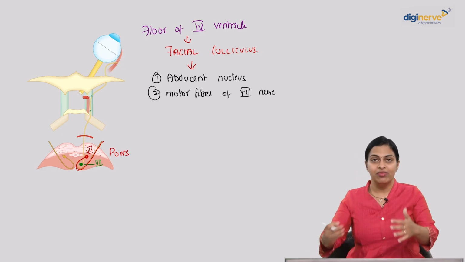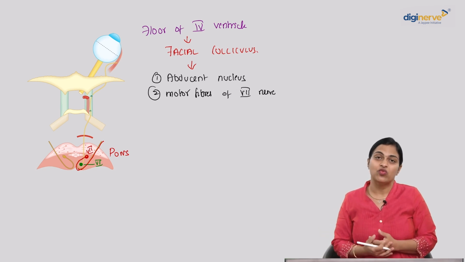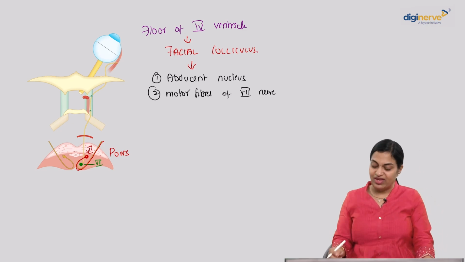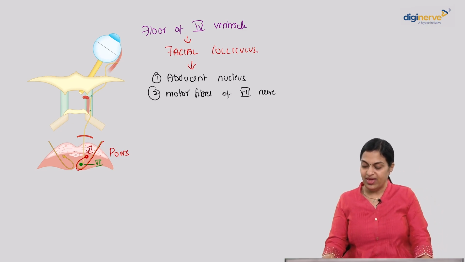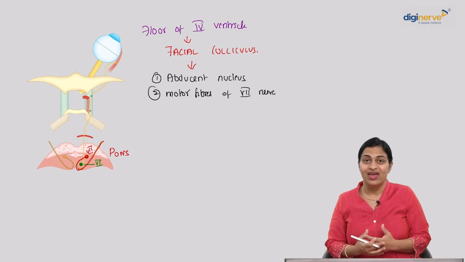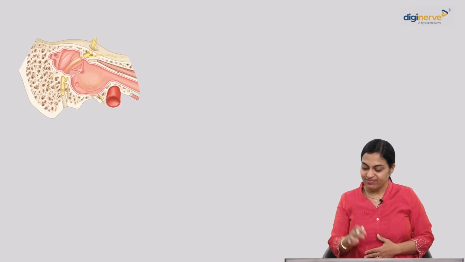Since the motor fibers of the seventh nerve are more peripheral, outer, right, that will be the first one to get injured. Okay, so this has been asked previously in your competitive examinations. And in embryology we'll be learning why this is occurring. It's due to a phenomenon called neurobiotaxis. It will be explained in detail in your embryology chapter.